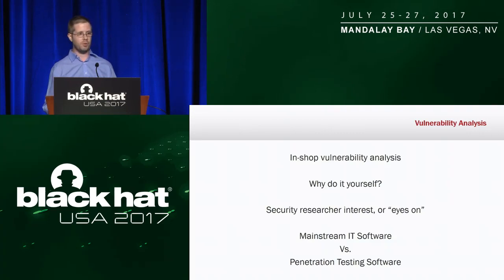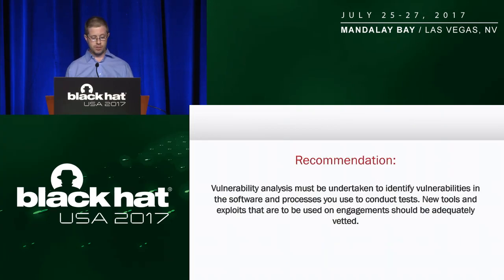But if you pick a piece of software that only a subset of the subset of the subset of InfoSec people use, chances are nobody else has looked at it yet. So the idea is to put eyes on this software. There's a big difference in the amount of interest that goes to it. Vulnerability analysis has to be undertaken to identify these vulnerabilities, and you may have to do it yourself for now.